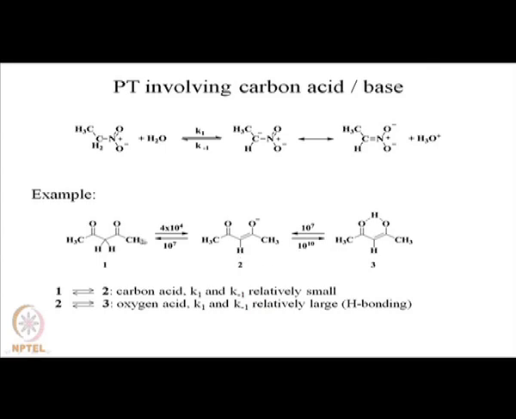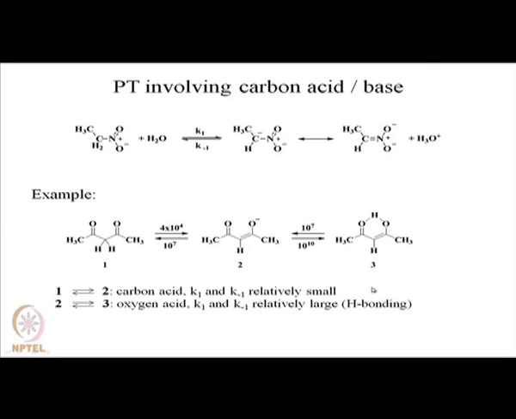The forward process is slower, but the back process from here to here is faster, because these two are carbon acid, and these 2 to 3 is an oxy acid, oxygen acid. Therefore this process is faster, probably because of this hydrogen bond formation.